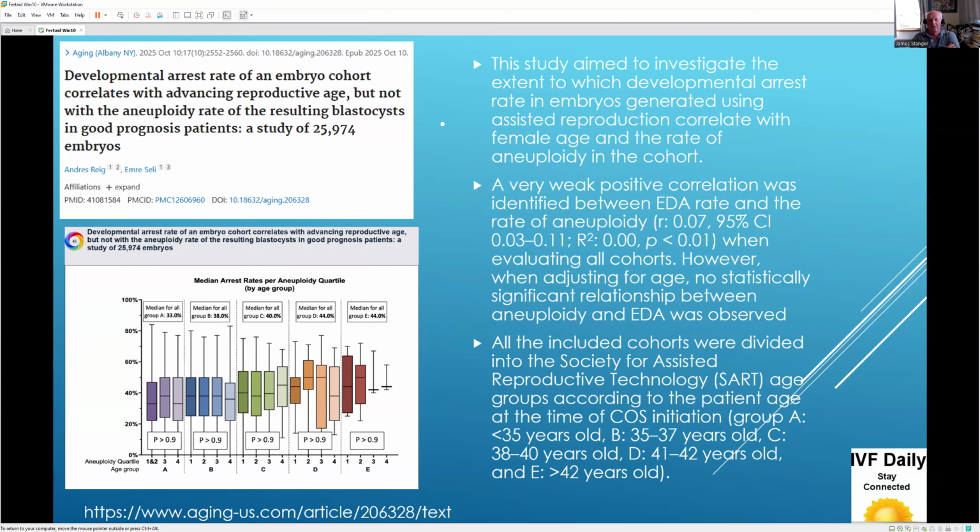This study aimed to investigate the extent to which developmental arrest rate in embryos generated by IVF correlate with female age and the rate of aneuploidy in the cohort. And overall, you can see here the main graph, these are the different age groups. The SART groups from America: under 35, 35 to 37, 38 to 40, 41 to 42, and over 42.